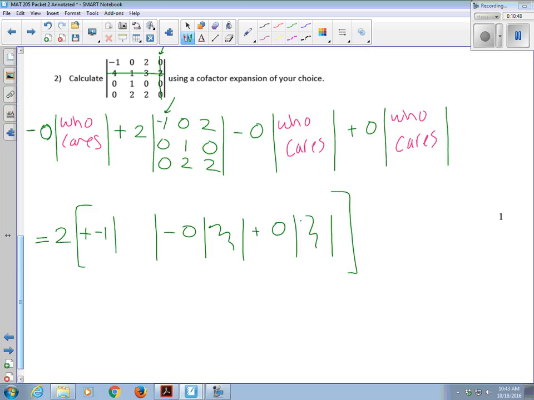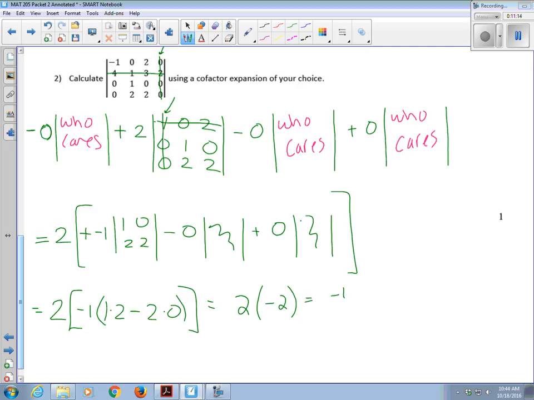All I need to know is what goes in here with the -1. And I have 1, 0, 2, 2. So this becomes 2 times -1 times (AD minus BC). So this is 2 times -2, which is -4.